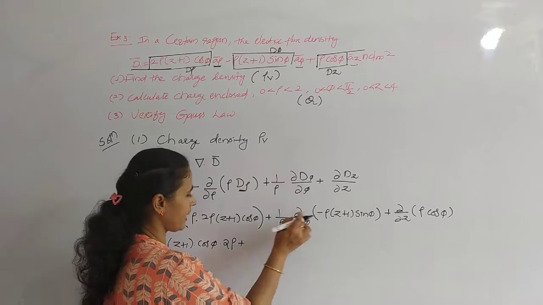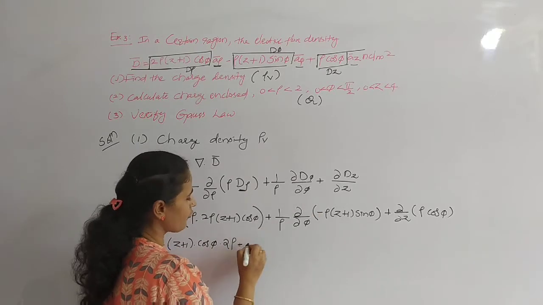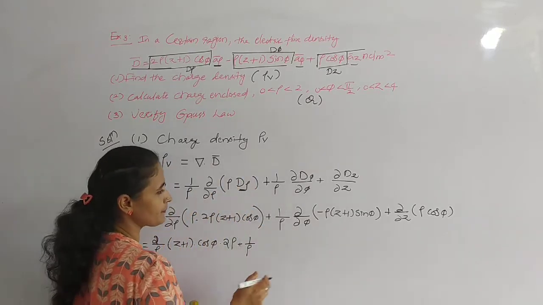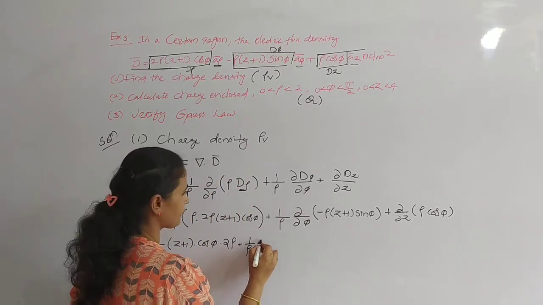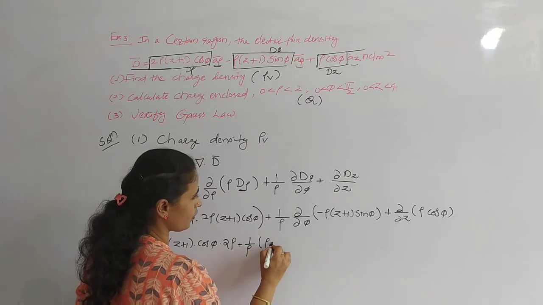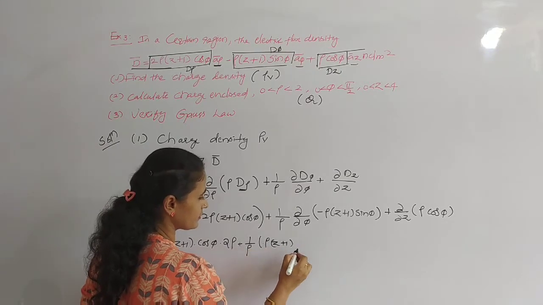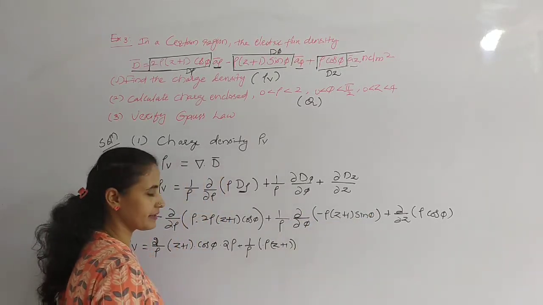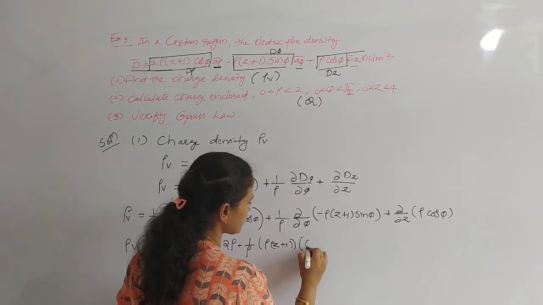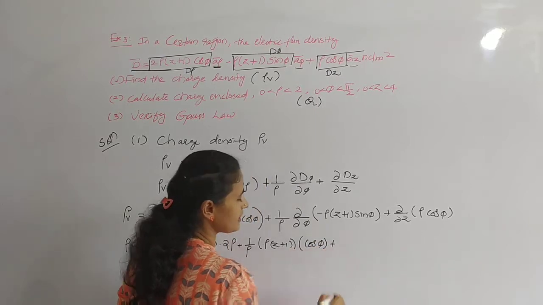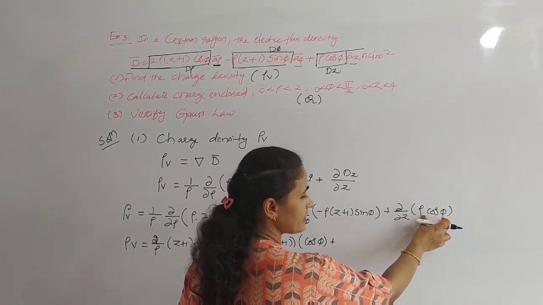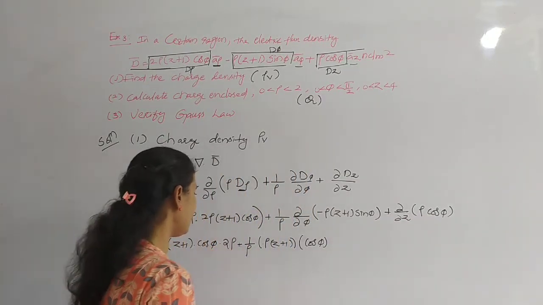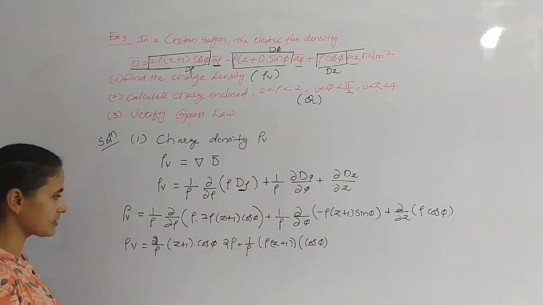Plus, here the minus is there, I will write the minus here, 1 by rho, and except phi, all remaining terms I will take common. So the left out term is rho z plus 1, and dou by dou phi of sin phi. Differentiation of sin phi is cos phi. Plus, there is no z term in this one, so differentiation of a constant with respect to z is 0. Okay, let us rewrite by cancelling some common terms.